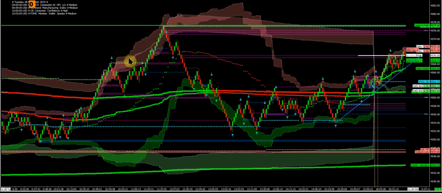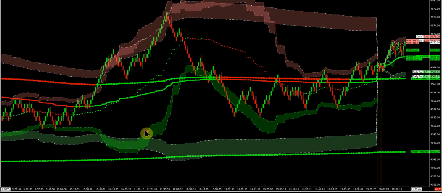I did not put volume on this chart. You could, but basically here's your value areas here. If you put volume on a chart, and I might do a video on that later, that would just be supportive of that move. Okay.